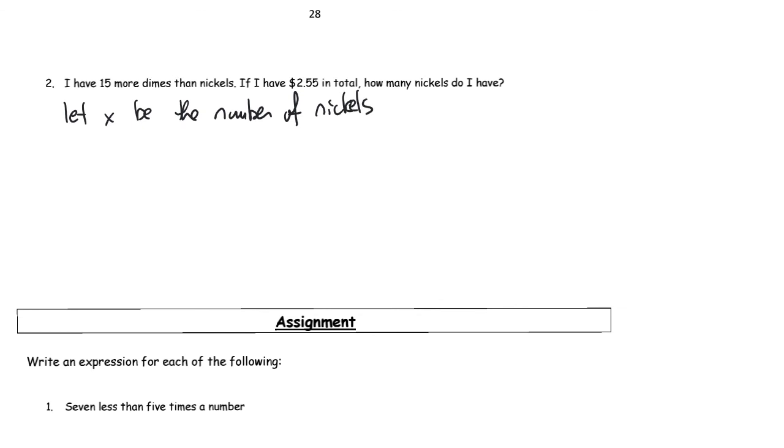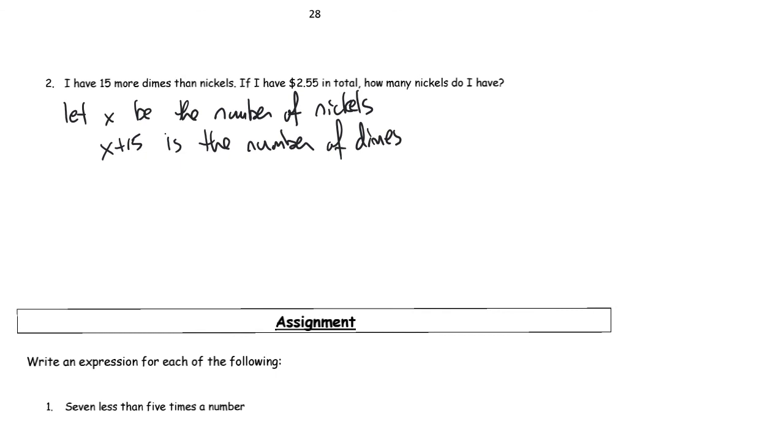Because if x is the number of nickels, then that means x plus 15 is the number of dimes. It's easy enough to set that up here because I can read that in the problem. I have 15 more dimes than nickels. So whatever the number of nickels is, x plus 15 is going to be the number of dimes.